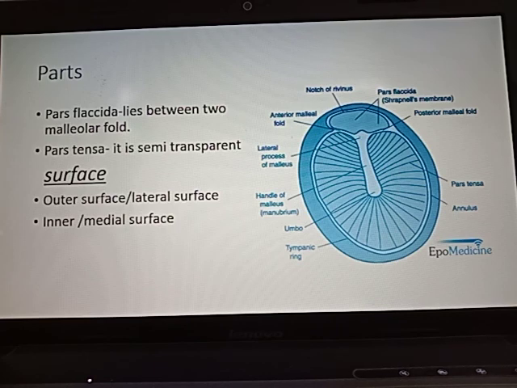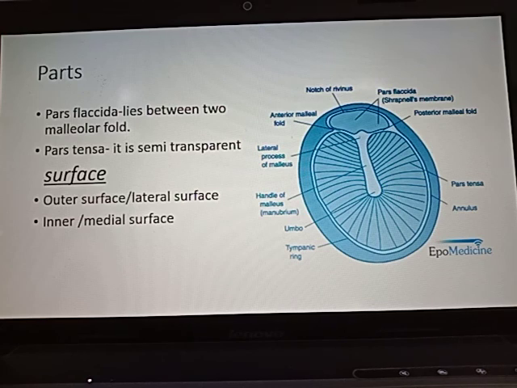It has two surfaces, the outer or lateral surface and the inner or medial surface. The inner surface forms the lateral boundary of the tympanic cavity, and the outer surface forms the medial boundary of the external ear.